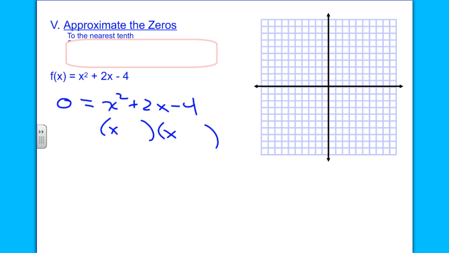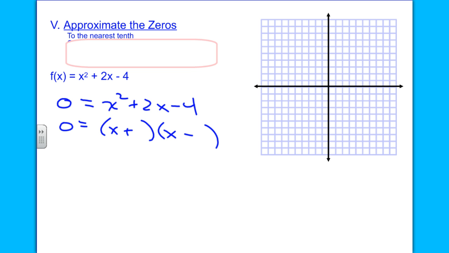What does that mean for our signs? Positive and negative. Are there factors of 4 that subtract out to be 2? Give me the 2. What are they? 2 and 2 subtract to be 2? 4 and 1 subtract to be 2? Are there factors that subtract to be 2? Oh, what do we call this?